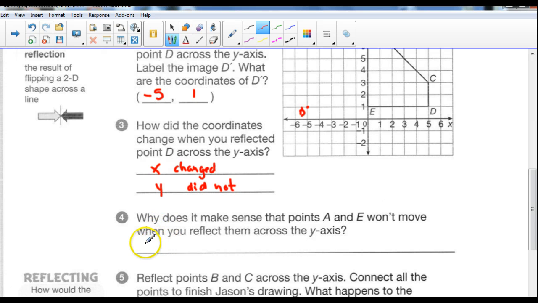Okay, they won't move across because they are on the axis and actually touching it. So if it's sitting on the axis, it's like having your nose pressed against the mirror.